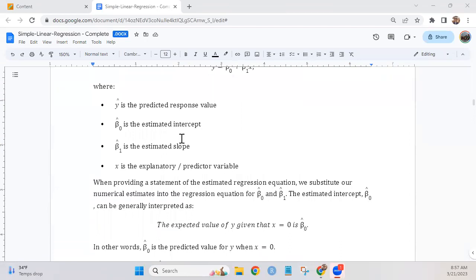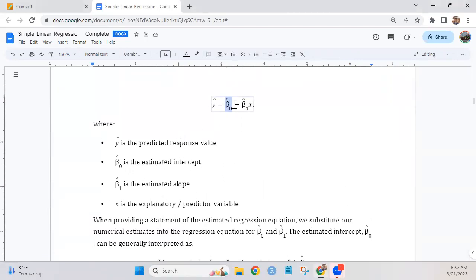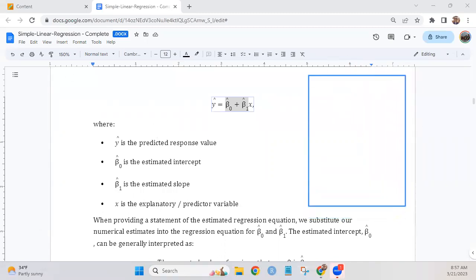Right. Yeah, so based on a given data set, where it would look something like, okay, so if we have an observed data set, it would look something like this, where we have x, and then we have our y.